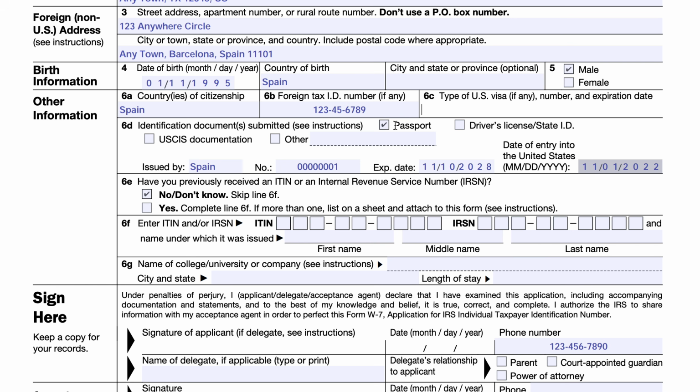Part of this process involves the United States verifying that if you say you're from Spain and you're claiming Spanish tax treaty benefits, then you would have to have your identity verified, that you are who you say you are and you actually are from Spain.